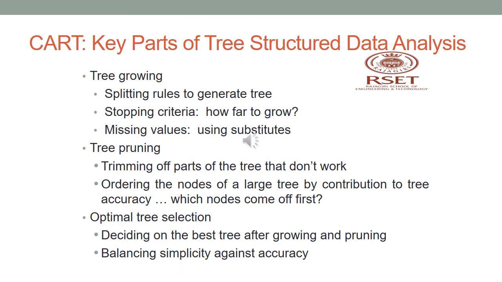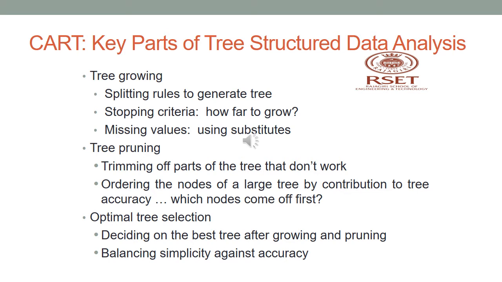Let's see the key parts of tree-structured data analysis. The first part is tree growing and the second part is tree pruning. Tree growing involves splitting rules to generate a tree, and stopping criteria, which decide how far to grow. Missing values can be handled using substitutes in place of the missing values.